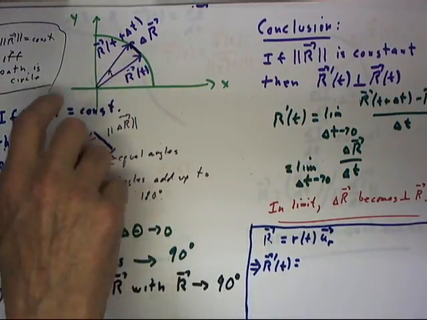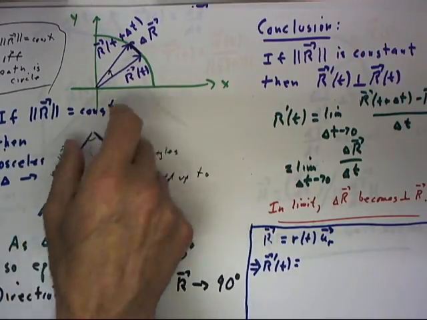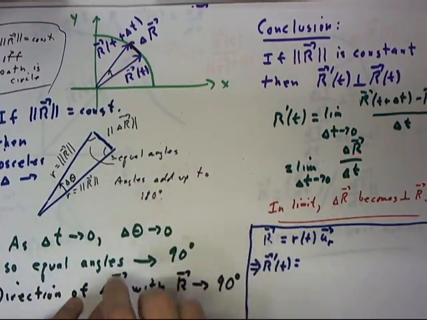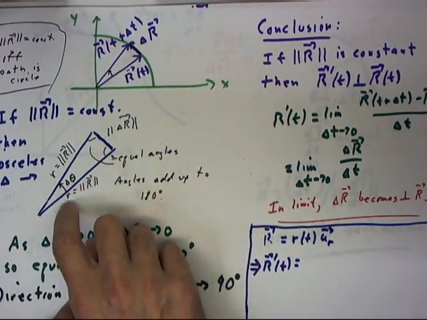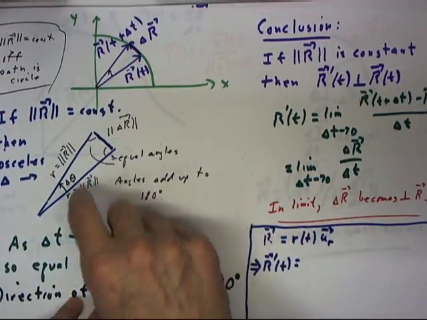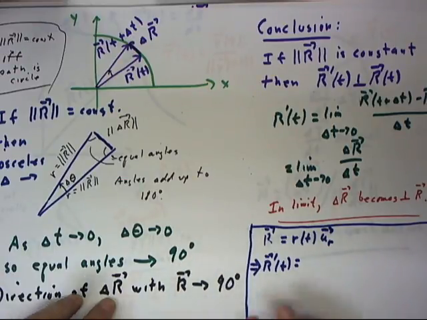We've seen that if the magnitude of r of t is constant, then it follows that the direction of delta r with r approaches 90 degrees. And we argued that, as shown here, from the fact that as delta t goes to 0, delta theta goes to 0, so that the angle between the delta r vector and the r vector approaches 90 degrees.